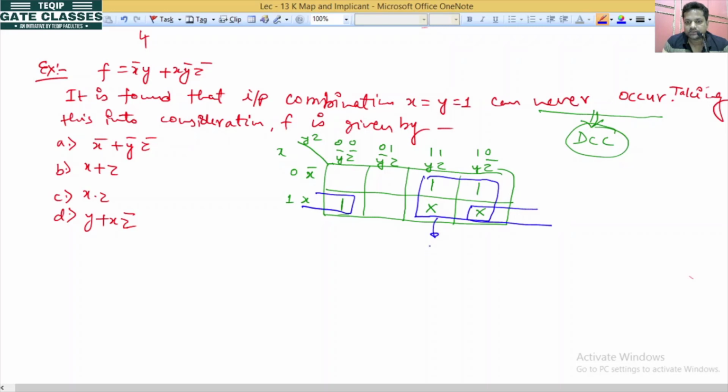From above we have y, and for this we have x from row, and from column we have y bar z bar, y z bar. So which one is common? z bar. So z bar will be there. So the function will be y plus x z bar. Which option is correct? y plus x z bar. D option is correct. So in this way you can perform grouping of don't care.